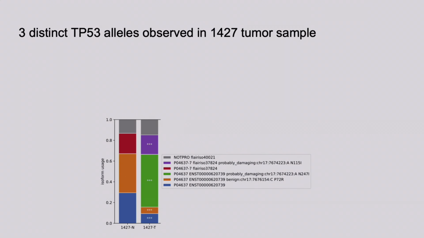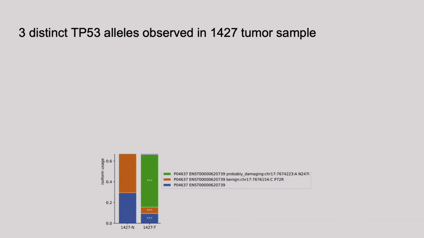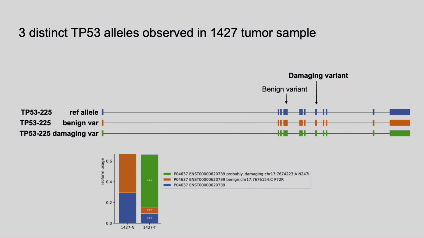So for TP53, I'm going to focus primarily on the primary isoform that should produce the functional protein for TP53. And for this, we see 3 different distinct alleles. So in the normal sample, the patient is heterozygous with both the reference allele and a benign variant.